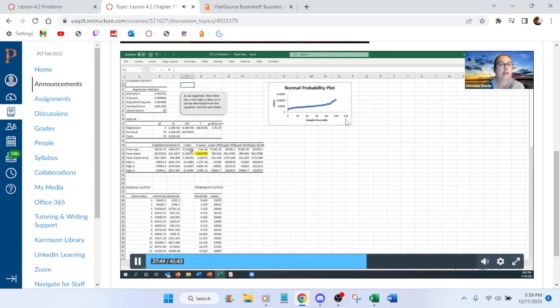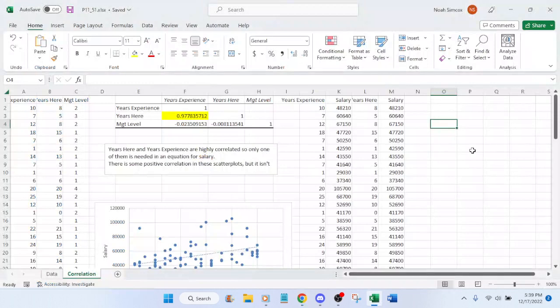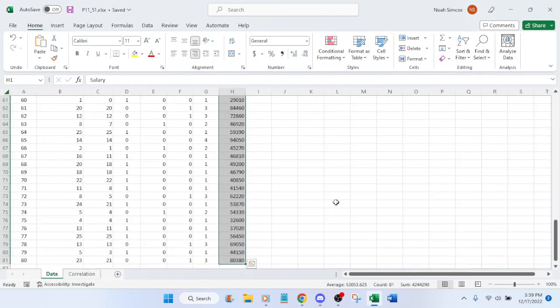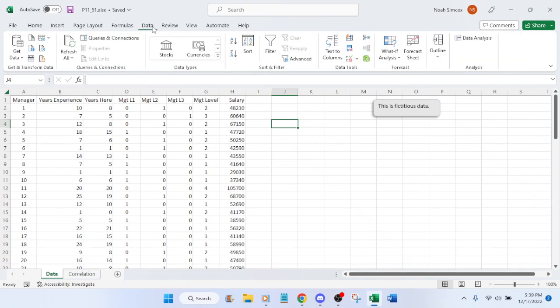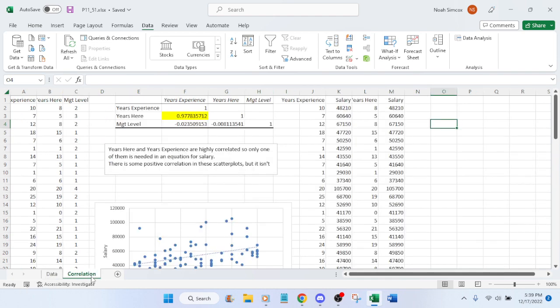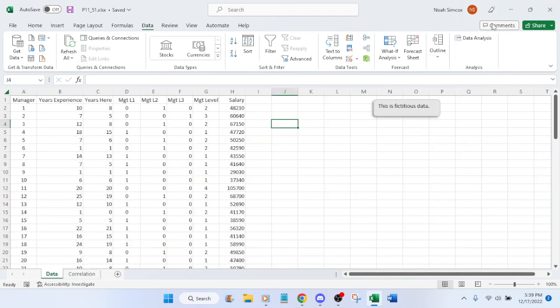Weird. We include both years experience and years here, even though we just established that we should not include both of them.